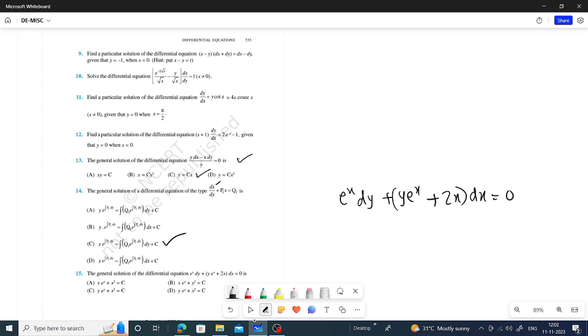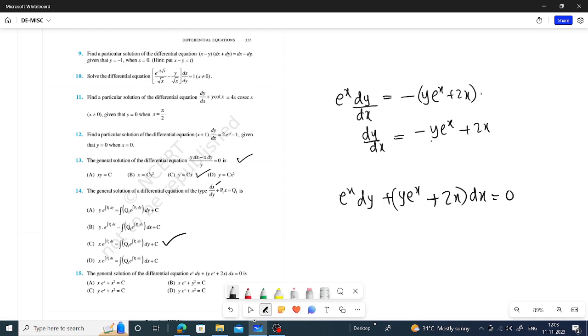So actually, what kind of equation is it? First we will find it out. e raised to x dy equal to minus (y e raised to x plus 2x) dx. So dy by dx equal to minus of (y e raised to x plus 2x) by e raised to x.